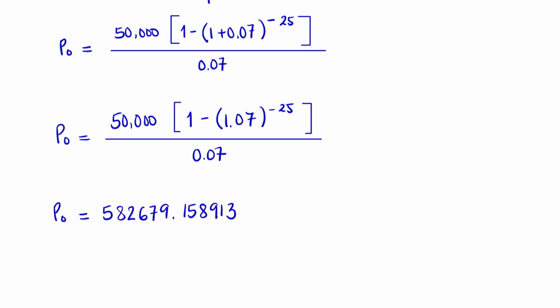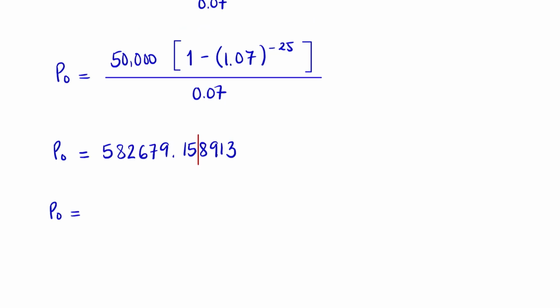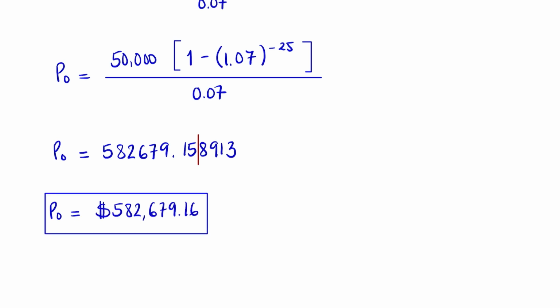The question does not give me any rounding instruction. However, I'm working with dollars, so I'm going to round to 2 decimal places. This digit is 8, so I'm going to round up, and I have $582,679.16.